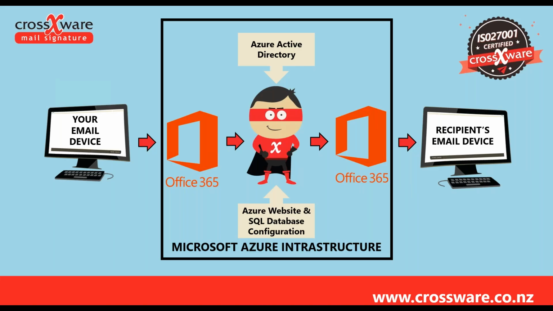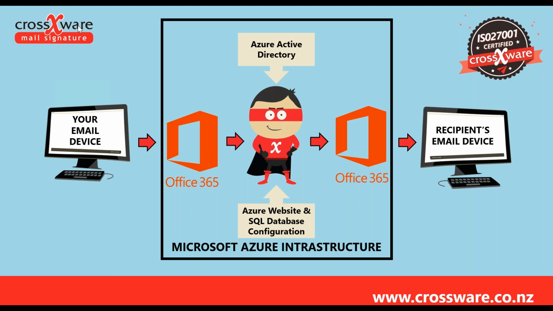And finally, this is our last slide before I hand it back to Peter, just an overview describing how Crossware email signature works. From any device, a user sends an email via the Microsoft 365 environment. Within Microsoft Cloud, the Crossware service adds an email signature to the message.